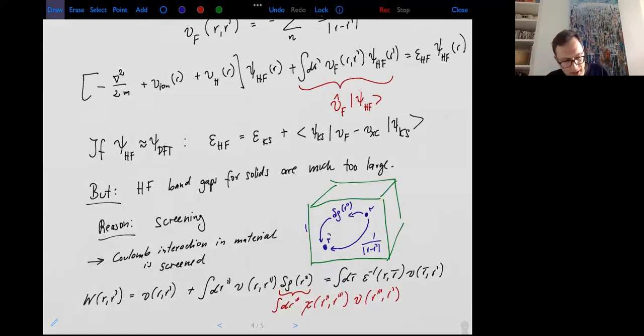So here in the picture that I've drawn, I've sort of assumed that the electrons are static, right? They're just sort of sitting there in a material, which is not very realistic. The electrons move around, and if they have a lot of energy, they move around very quickly. And if they have a small energy, they move around very slowly.